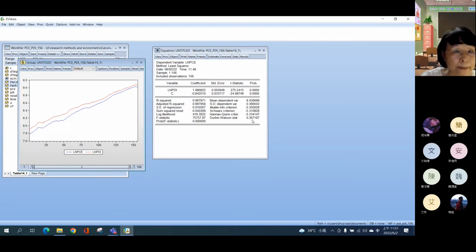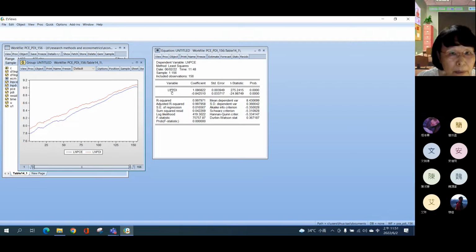The other sign is in the meaning of the coefficient of LMPDI. This is personal disposable income, and this is personal consumption.